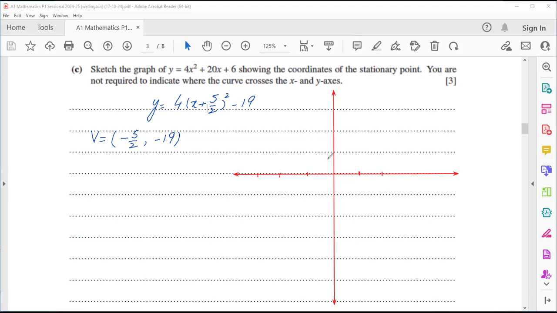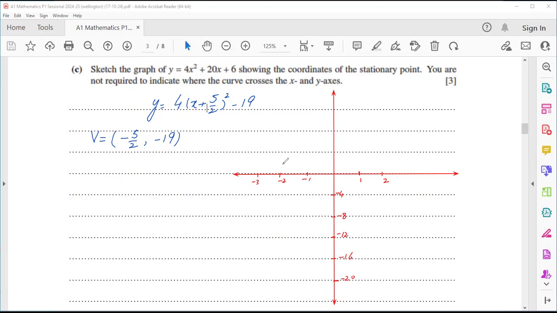The vertex is over here. So suppose this one is 4, minus 4, this one is minus 8, this one is minus 12, this one is minus 16, and this one is minus 20. On the other side we have 1, 2, and minus 1, minus 2, minus 3.